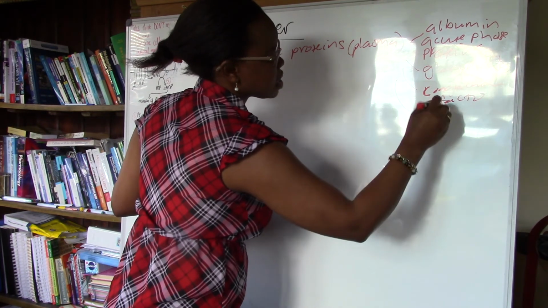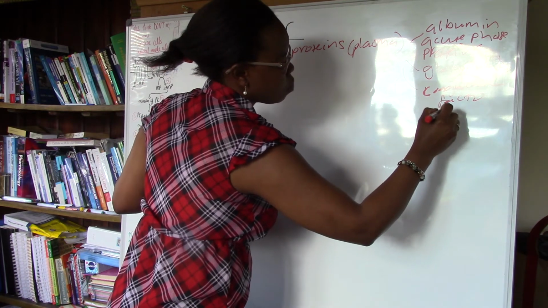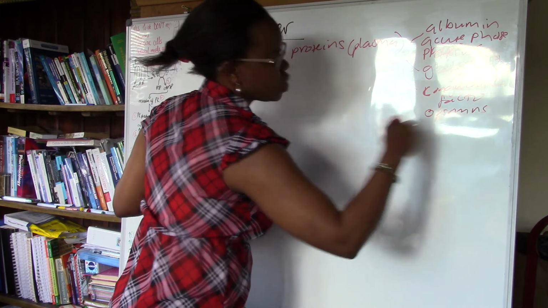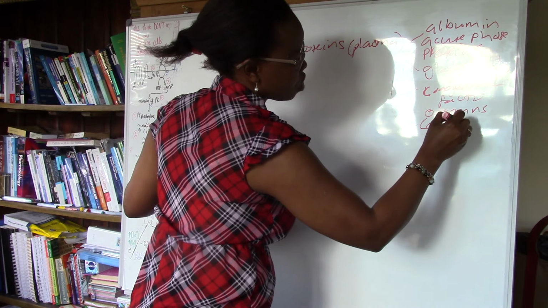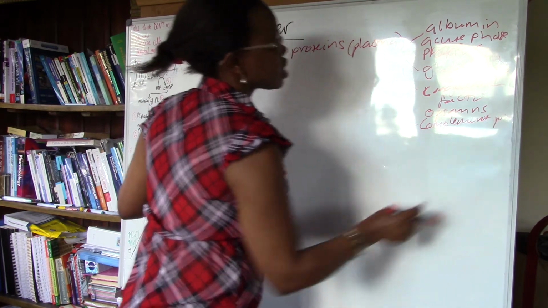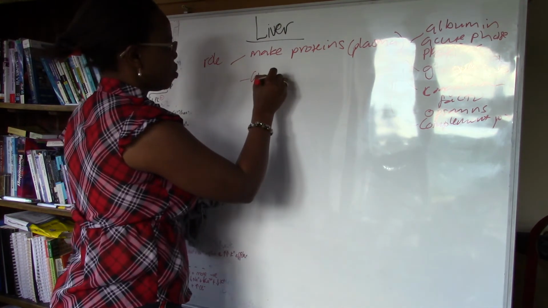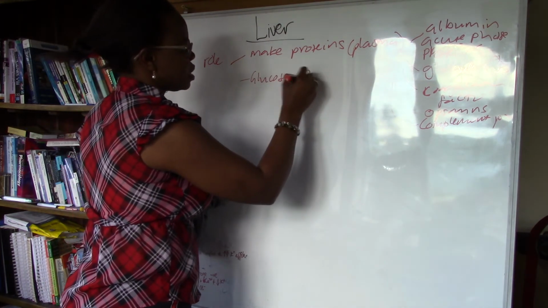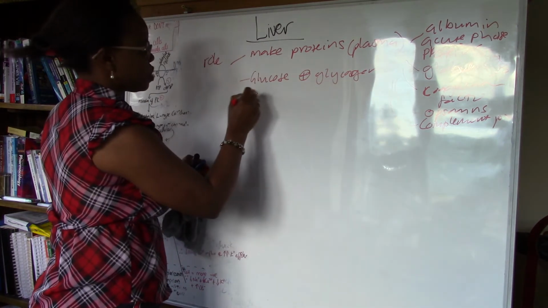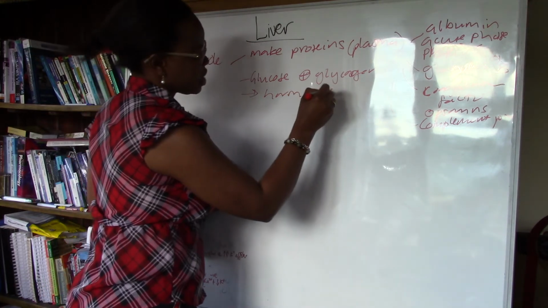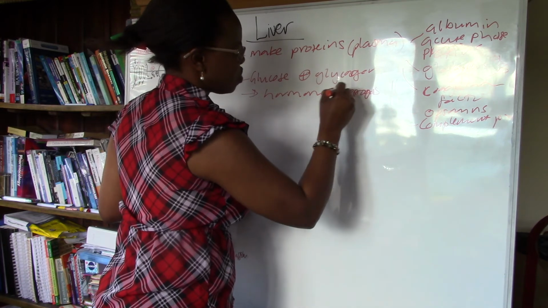It also makes opsonins, which are involved in the opsonization in the complement system. Therefore, it will make complement proteins. It will also make glucose and glycogen. It will make hormones as well, such as estrogen and testosterone, for example.